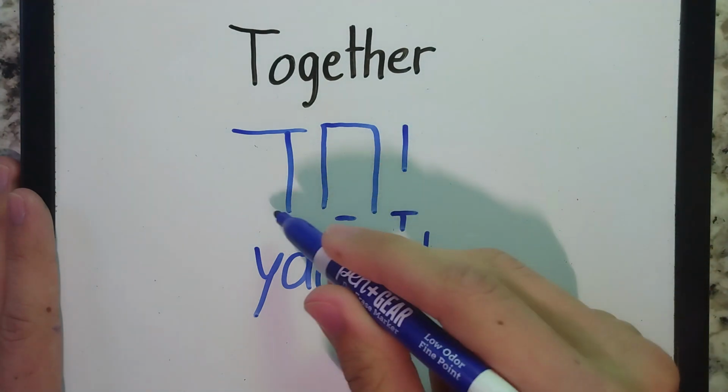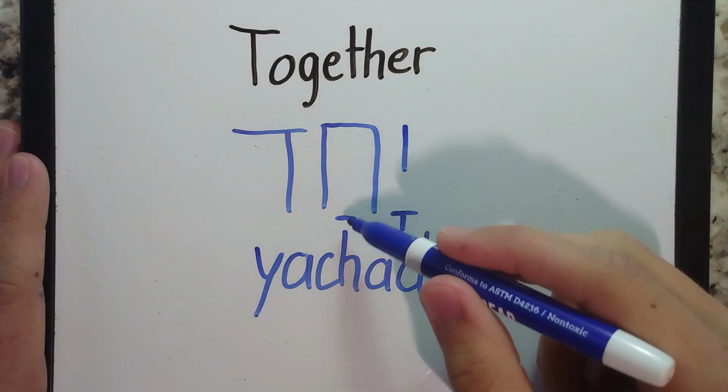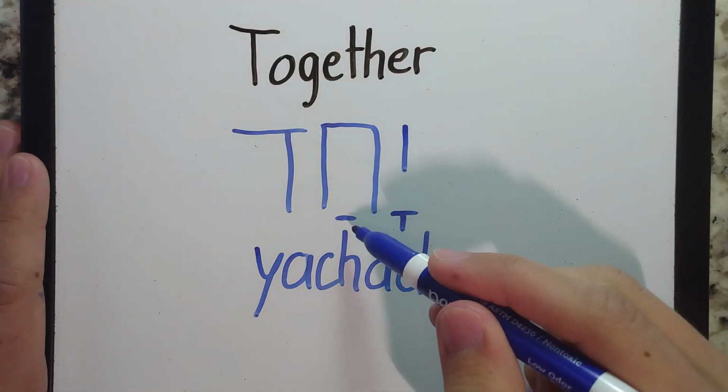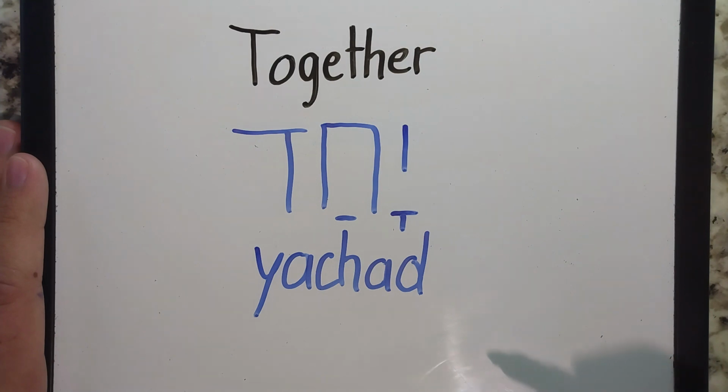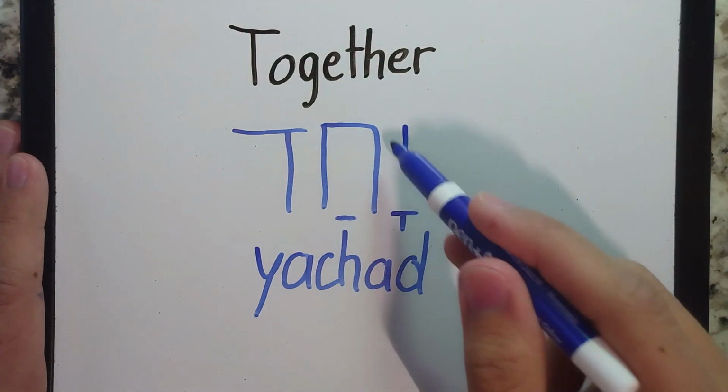Yachad, yachad, together. You may have noticed that this chet and patach are pronounced cha instead of ach, as we saw before. This is because chet and patach are only pronounced ach when the chet is the last letter of a word, and here it's right in the middle.